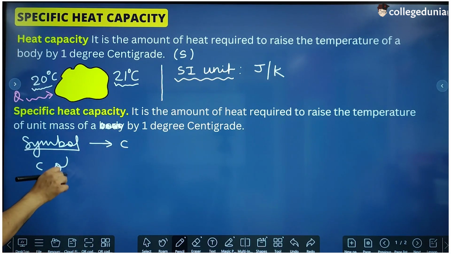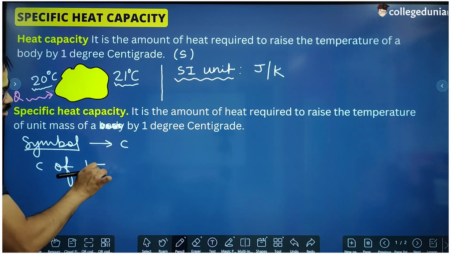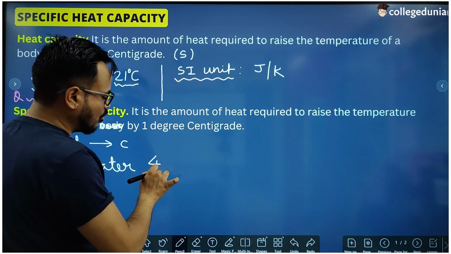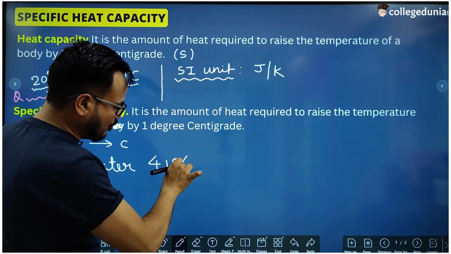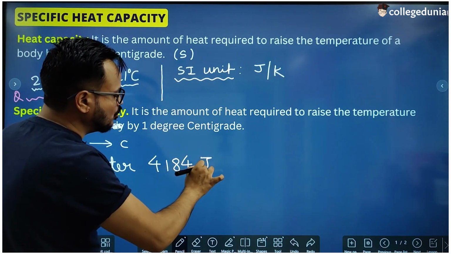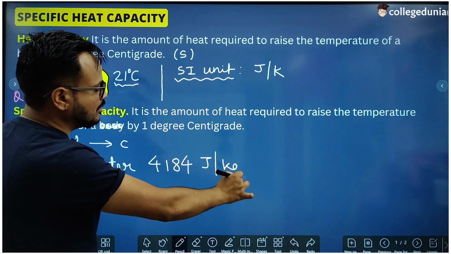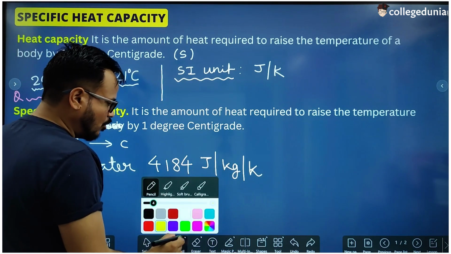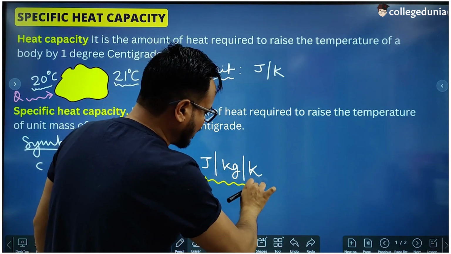The specific heat capacity of water is 4184 joule per kg per Kelvin. So what is the SI unit of specific heat capacity?